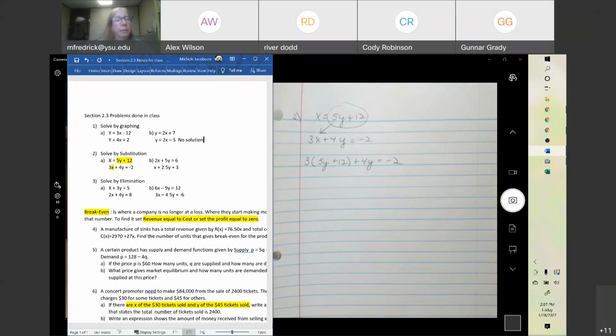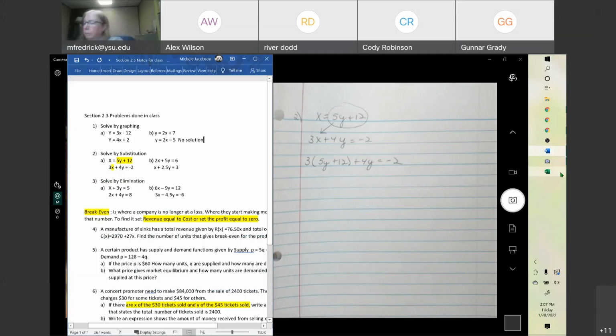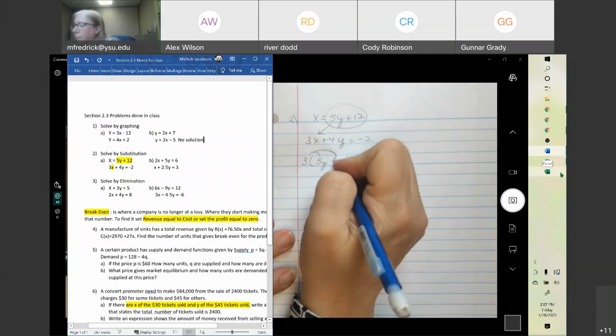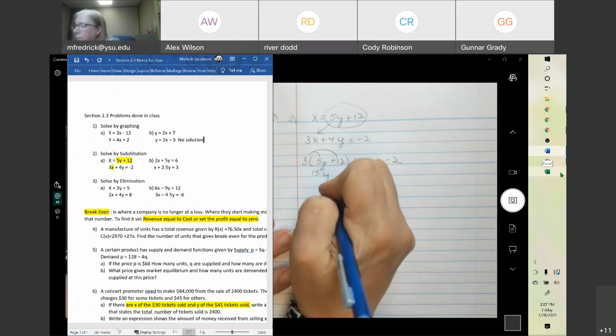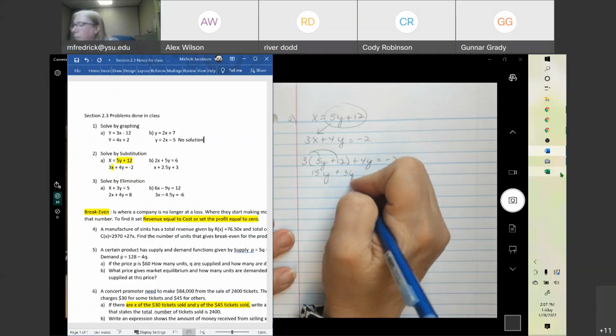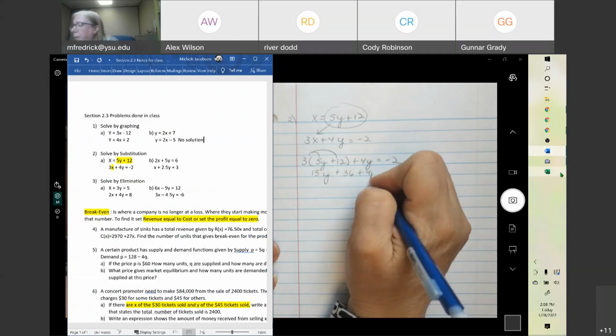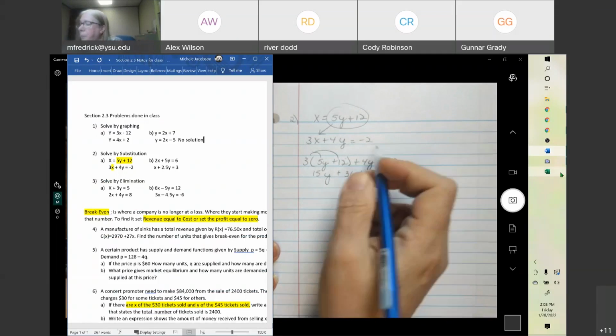Distribute the 3. So 15y plus 36 plus the 4y equals a negative 2.